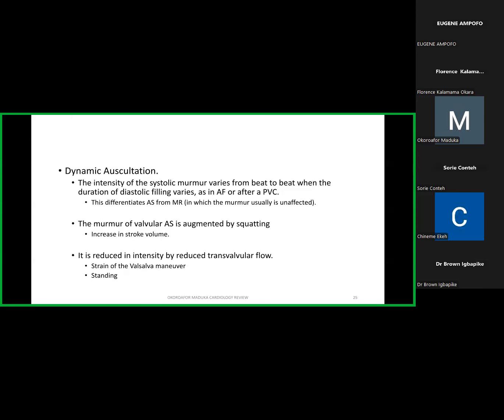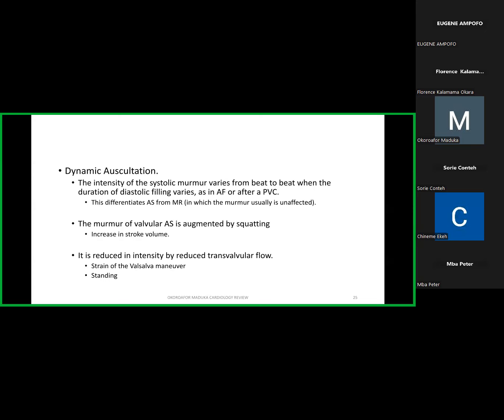They could also have dynamic auscultation, where the intensity of the systolic murmur varies from beat to beat when the duration of diastolic filling varies, as in atrial fibrillation or after a PVC. The murmur of valvular aortic stenosis is usually augmented by squatting, which occurs because of the increased stroke volume that happens when one assumes this position.